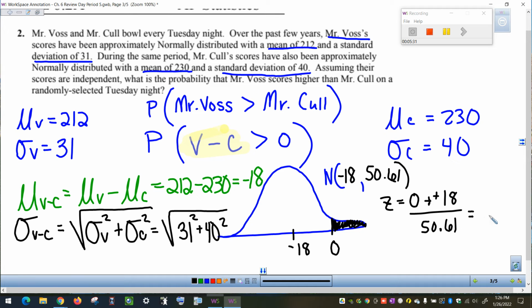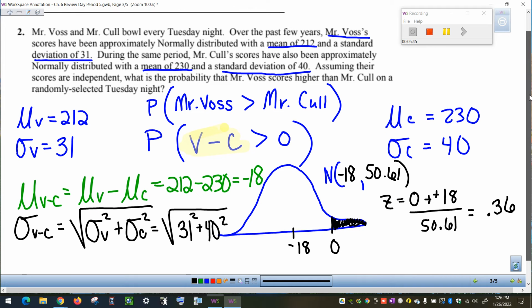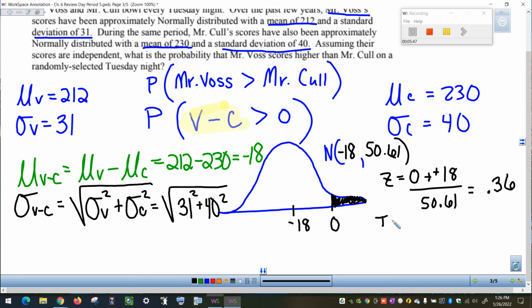And then this is where we get our Z-score, so it is a Z-score of 0.36. And when we go to table A here, because the shading is to the right, we want to make sure that we're doing 1 minus whatever the area is that we get for 0.36.